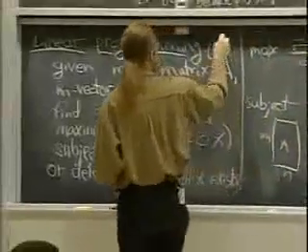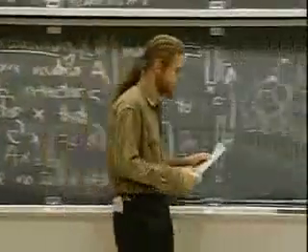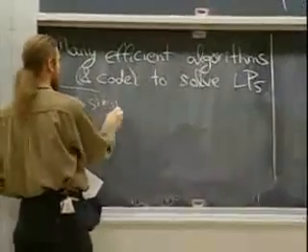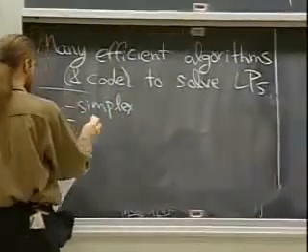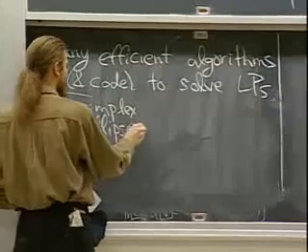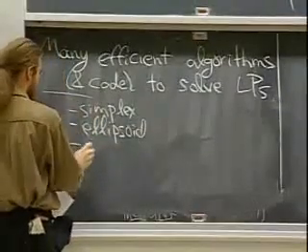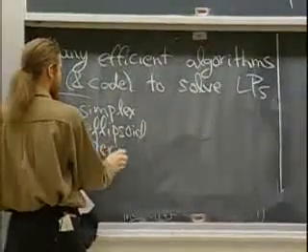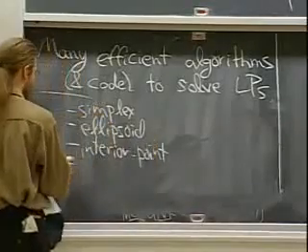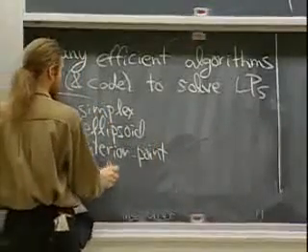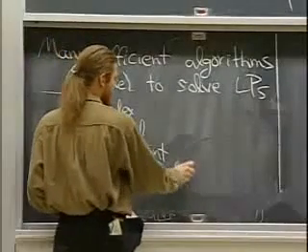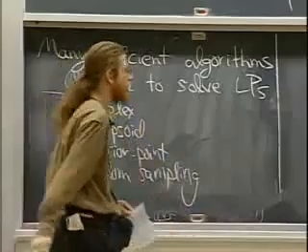Linear programming is usually called LP. And I'll mention a few of them. There's the simplex algorithm, which is one of the first. There's the ellipsoid algorithm, I think it is the first. There's interior point methods. And there's random sampling. I'll just say a little bit about each of these, because we're not going to talk about any of them in depth.